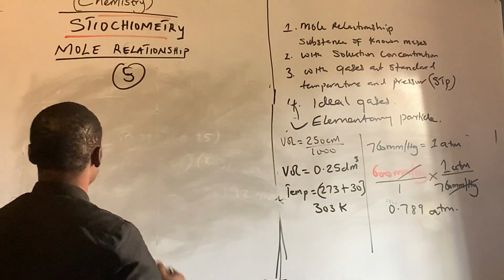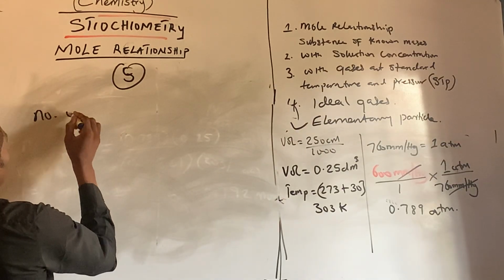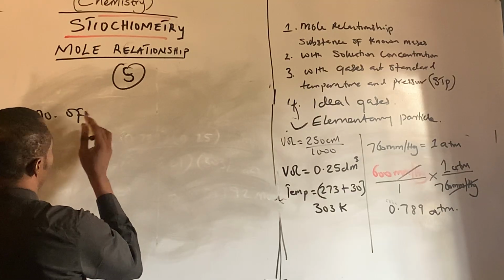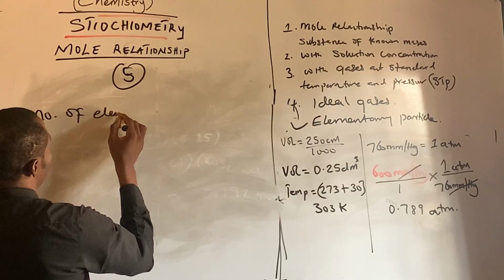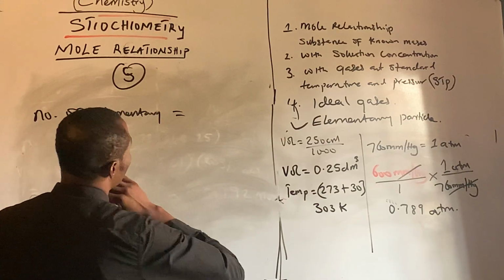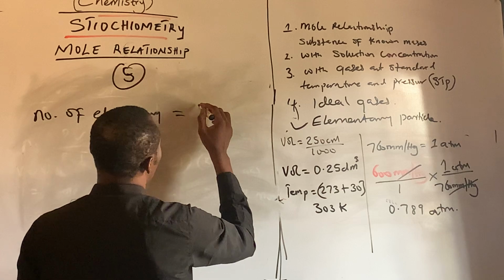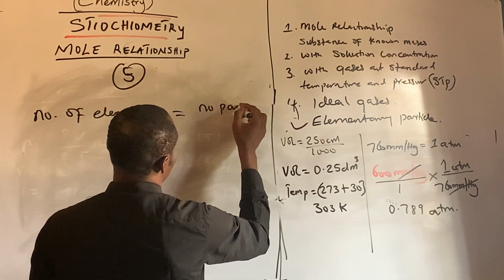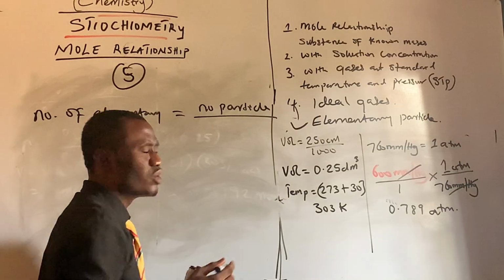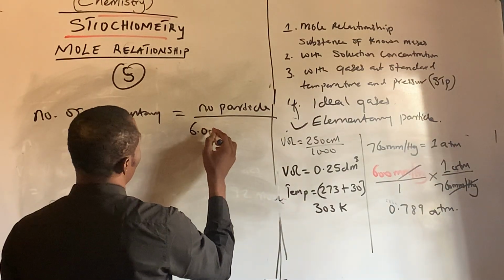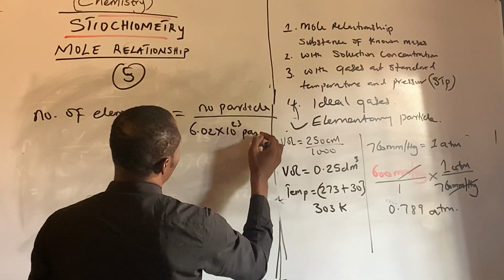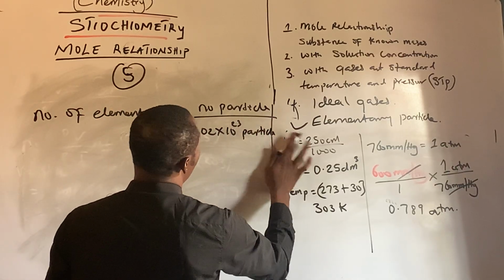How do we solve that? The number of mole of elementary particles equals the number of particles divided by the Avogadro number, which is 6.02 times 10 raised to the power of 23 particles per mole.